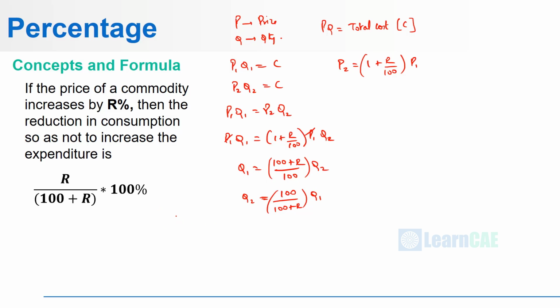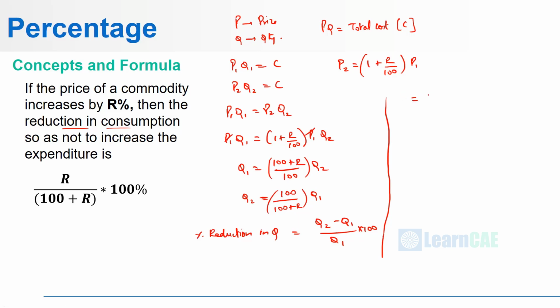Now we have to find out the percentage reduction in Q, or consumption. This is equal to (Q2 minus Q1) divided by Q1, into 100. Let us see. We shall substitute the values.